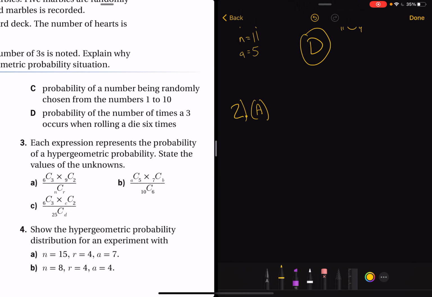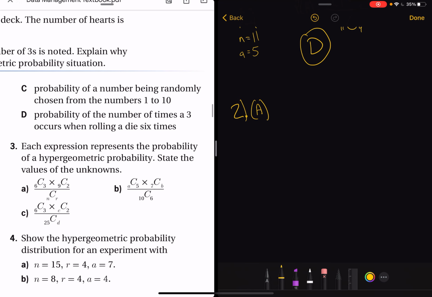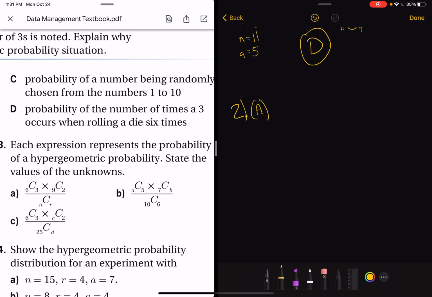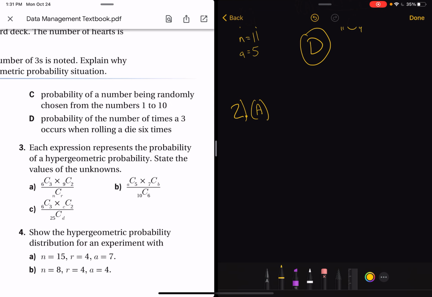The probability of a number being randomly chosen from 1 to 10: that is not hypergeometric, because I could select the same number multiple times. And the number of times a 3 occurs when rolling a die 6 times would again be a binomial distribution because they're independent trials. So the answer is A, just the first one.